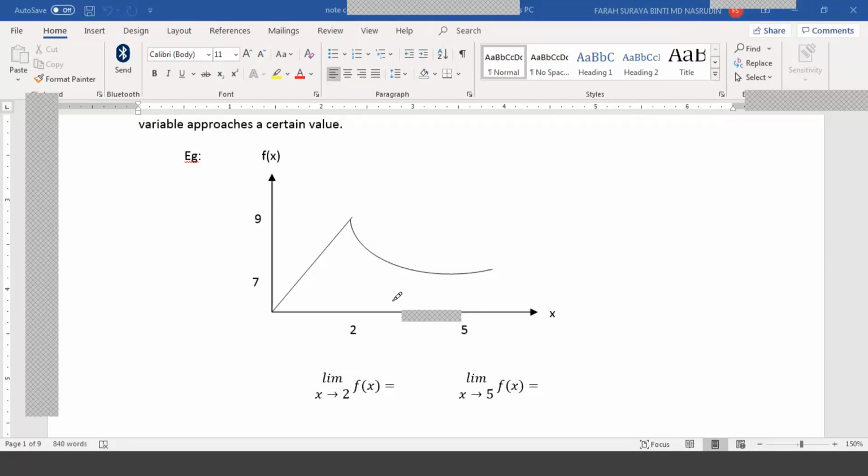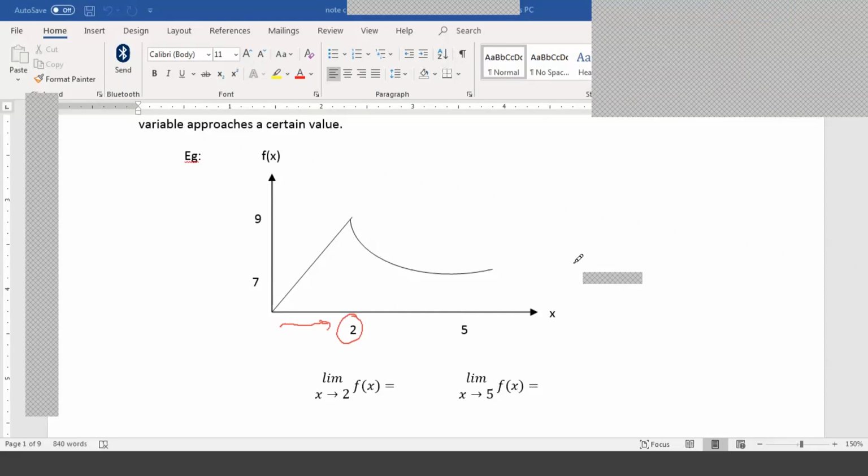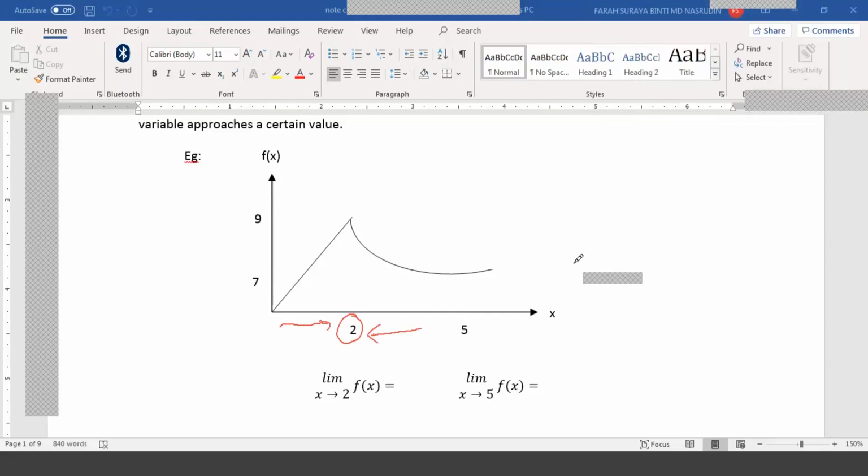Okay, sekarang ni 2 dekat sini. Okay, kita nak menghampiri 2. Kalau menghampiri 2, maksudnya datang hampir kepada 2 ya kan? Dalam bahasa Melayu dia menghampiri 2, approaches to, datang daripada jauh dan semakin hampir. So kita boleh datang daripada sebelah kiri ataupun datang daripada sebelah kanan lah.